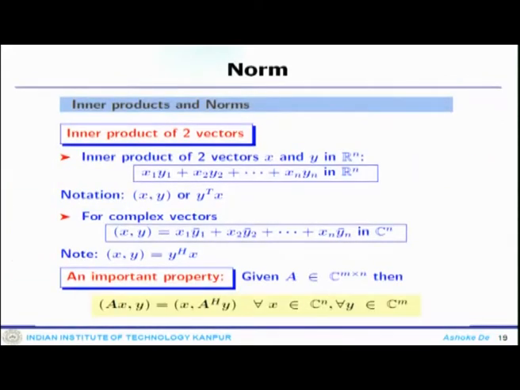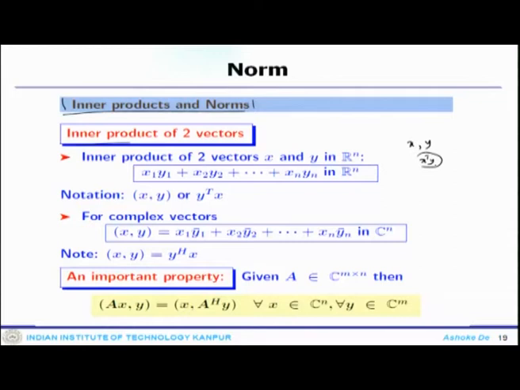Now, coming back to calculation of the norm: how can one actually calculate the norm of a system? It involves an inner product and norms, the inner product of two vectors. If you have two vectors x and y, then the inner product is x transpose y.